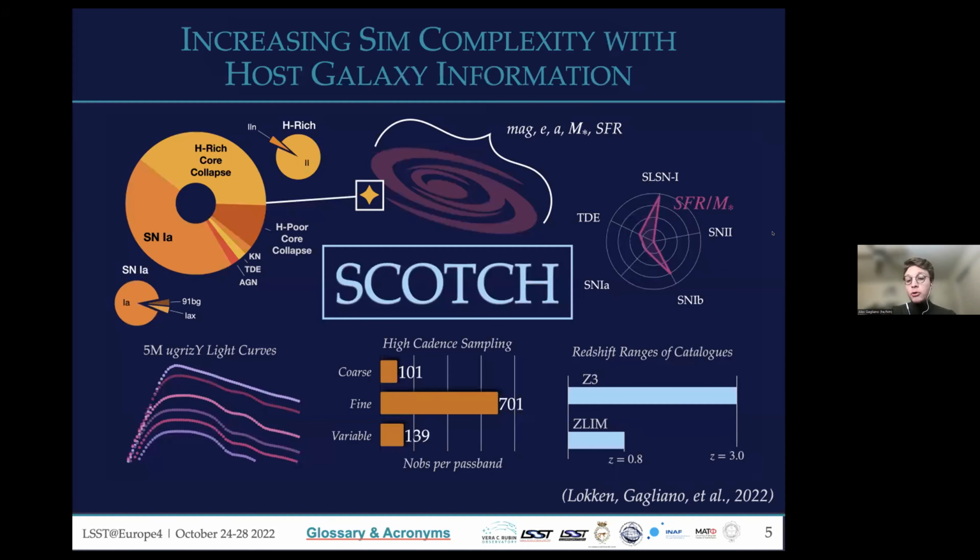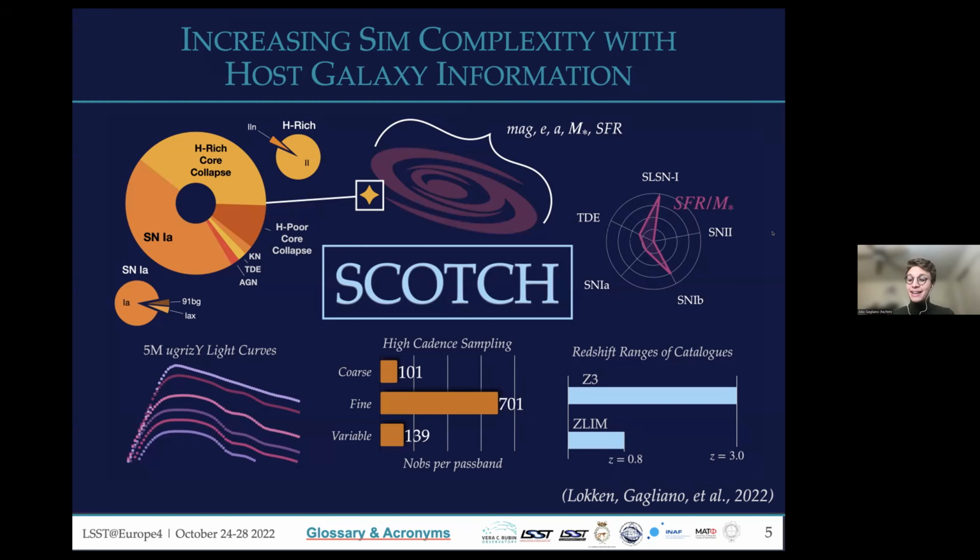A valuable component in this research was the SCOTCH catalog, or the Synthetic Catalog of Optical Transients and Correlated Hosts, another tortured acronym. This is a catalog that was produced within the Dark Energy Science Collaboration, like Dominique was just talking about, in pursuit of the goals of the ELAsTiCC challenge. Another acronym, the details aren't super important, except to say that the SCOTCH catalog embeds realistic host galaxy information for many different types of explosive transients for the first time.